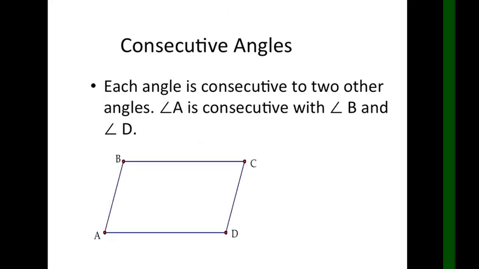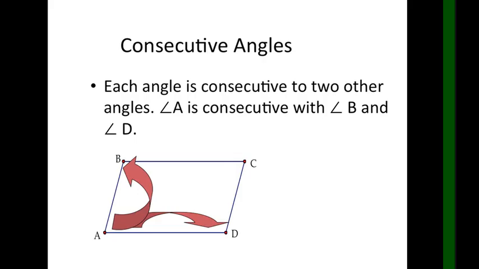Now, consecutive angles. Each angle is consecutive to two other angles, angle A is consecutive with angle B and D. Okay? So, what does it mean? So, this one is consecutive and that one is consecutive. Consecutive angles. Okay?